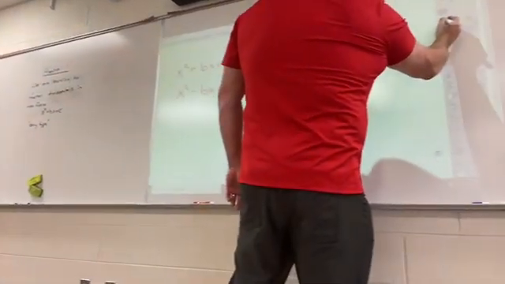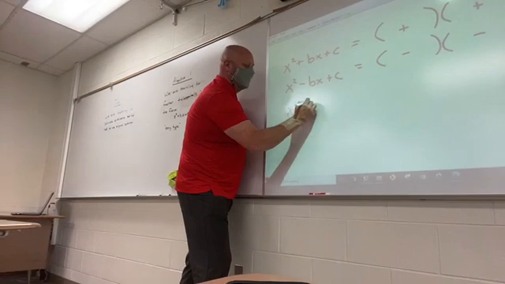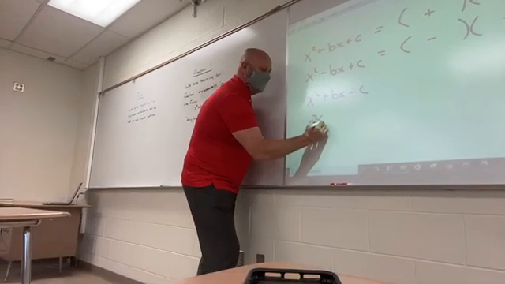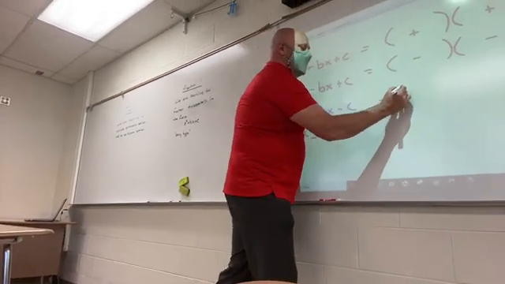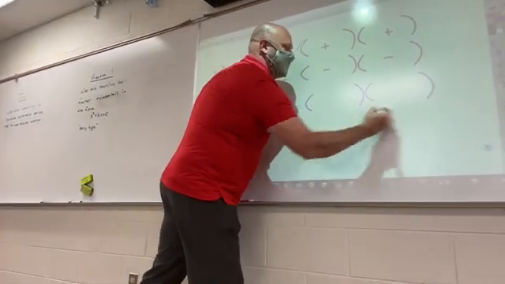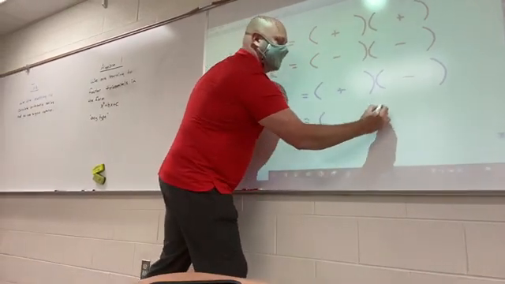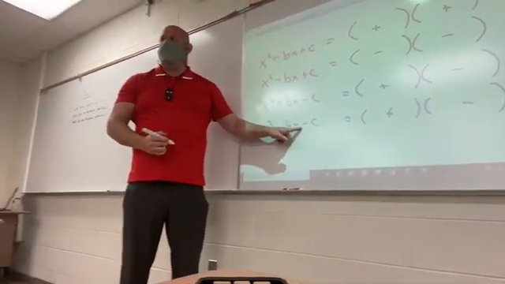So basically, it doesn't matter whether the b is positive or negative right now. No matter what, you're going to have one positive and one negative. Because how do you multiply to get a negative?